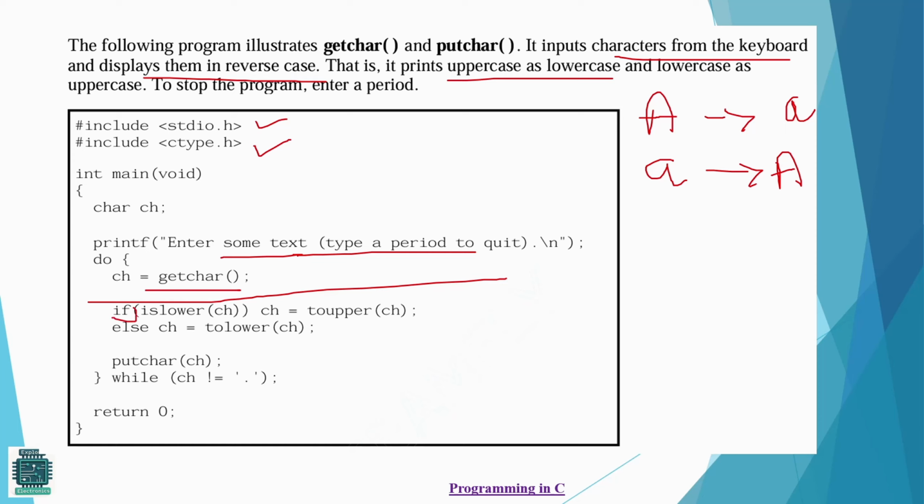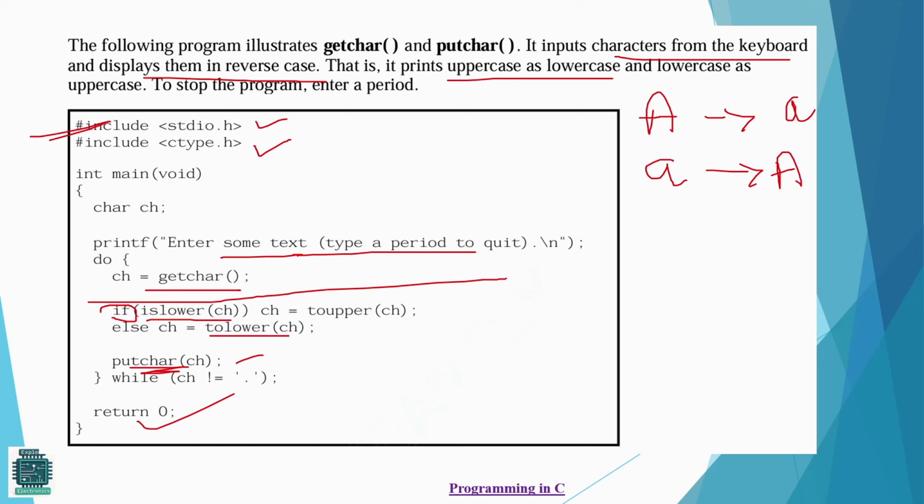We are writing here if islower ch, then ch is equal to toupper ch, else ch is equal to tolower. Means here we are converting. Here putchar means what? We have already mentioned it displays. Getchar means it reads. While ch is not equal to the period character, and return 0.